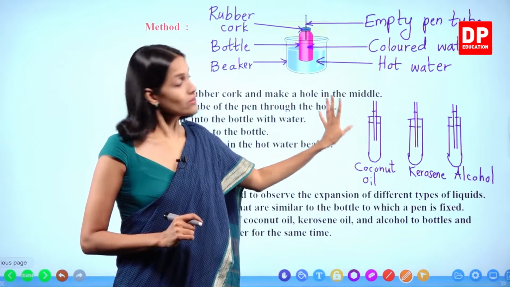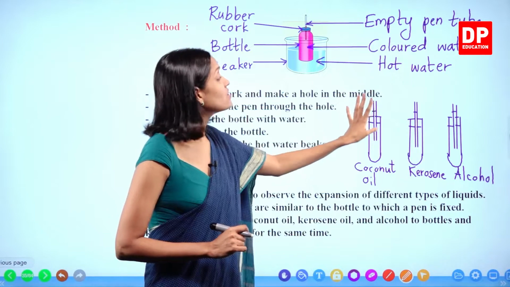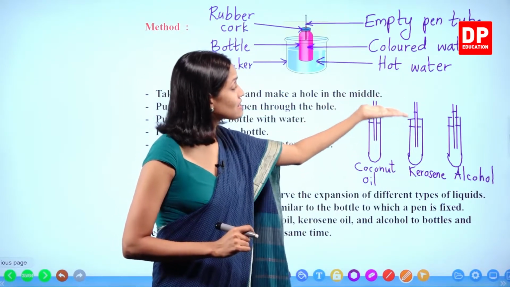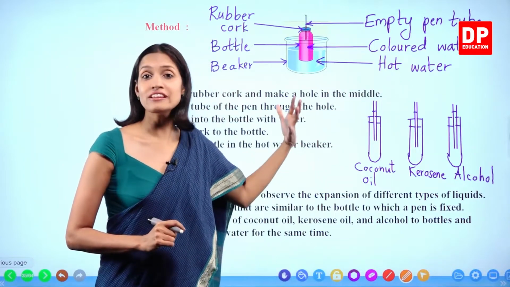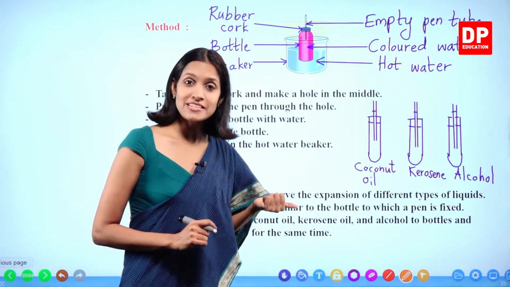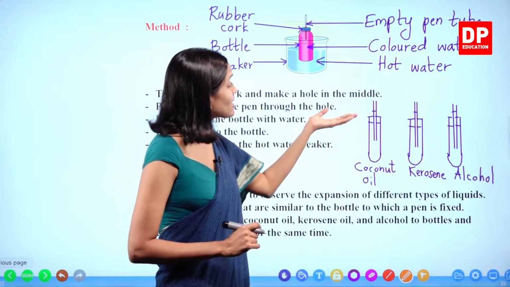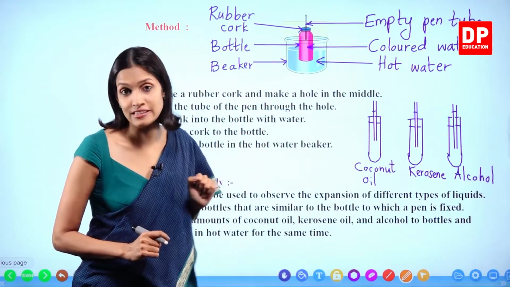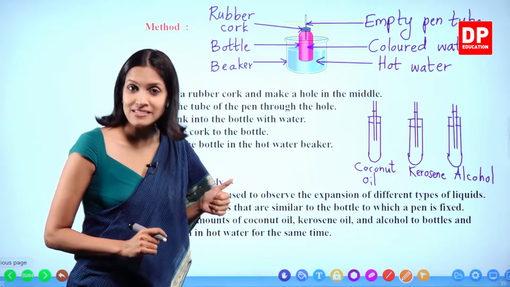No. Right, children? So, I think you clearly remember these 3 liquids increase the volume in 3 different ways at 3 different levels. Okay, children? So, the liquid that expands more increases the level faster than the other liquids. Understand, children?